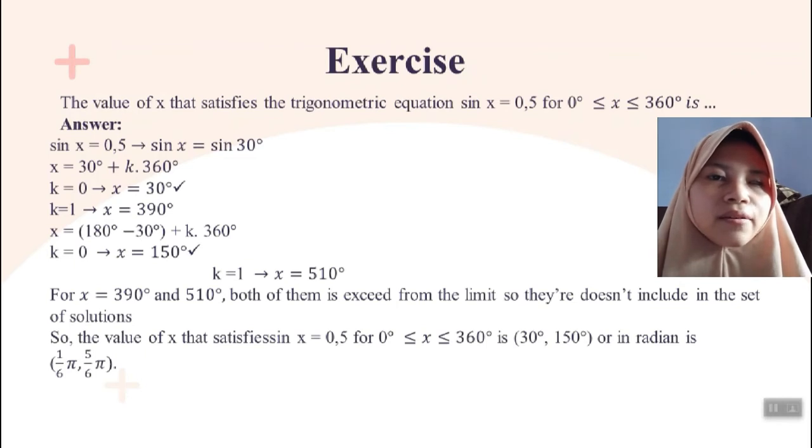For k equal to 1, x equal to 390 degrees. Or x equal to brackets 180 degrees minus 30 degrees plus k multiplied by 360 degrees.